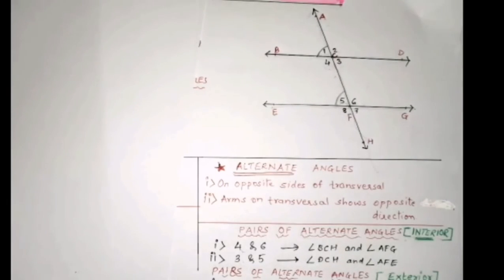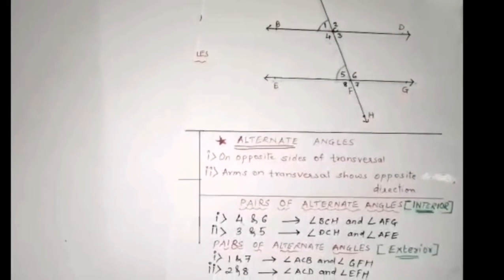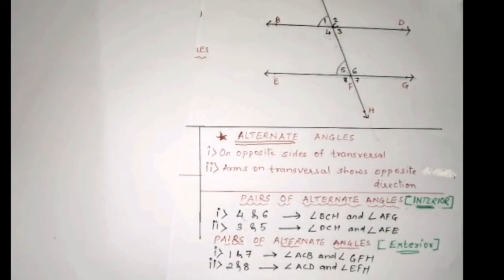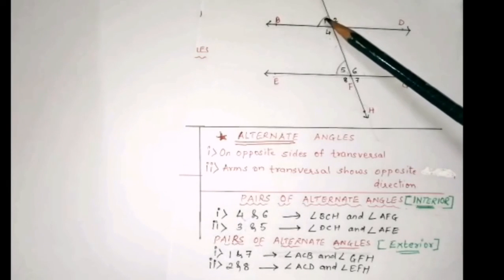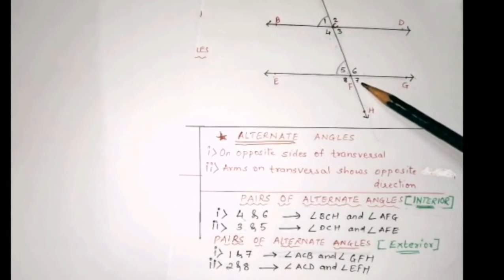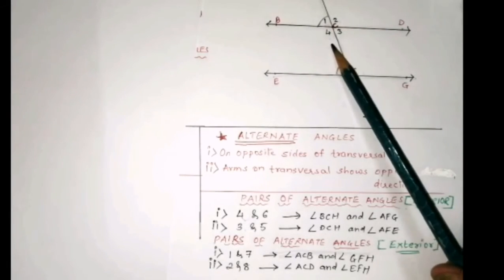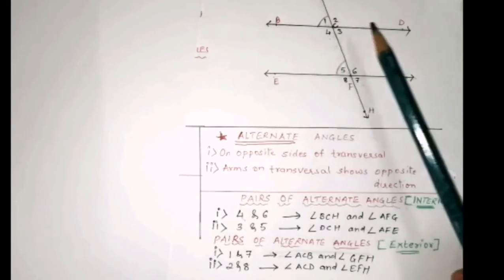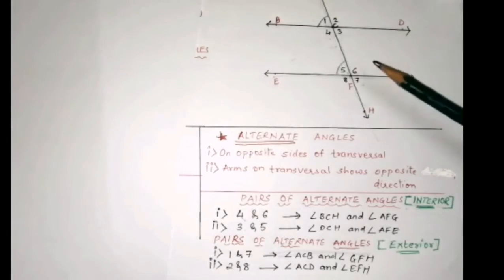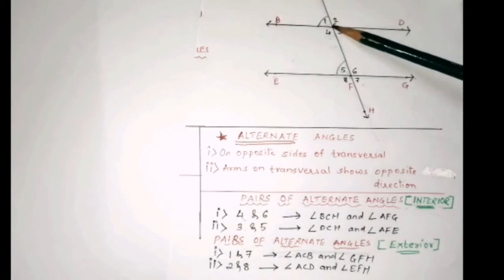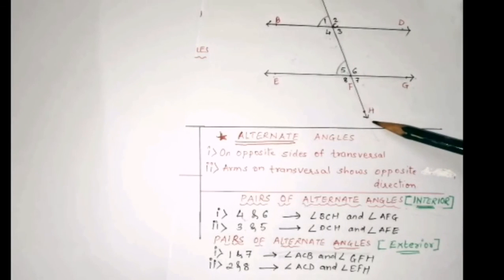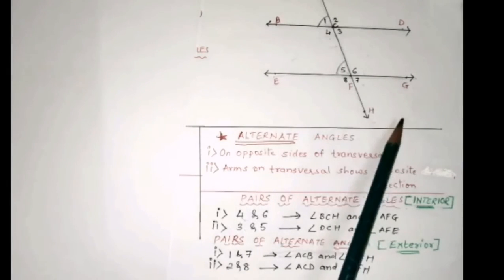Now, one more, that is pair of alternate exterior angles. Here example, angle number 1 and angle number 7. Angle 1 and angle 7 are on the opposite side of the transversal and they also show the opposite direction of their arms on the transversal, but they are towards the exterior side.